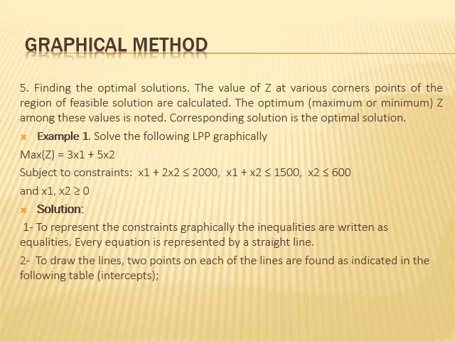Now, step 1. Convert the constraints into what? Into equations. First step, to convert the constraints into equations. That means constraint 1 will equal x1 plus 2x2 equal 2000, and x1 plus x2 equal 1500, and x2 equal 600. 3 constraints.